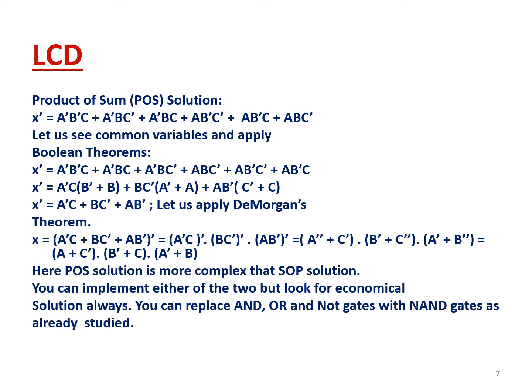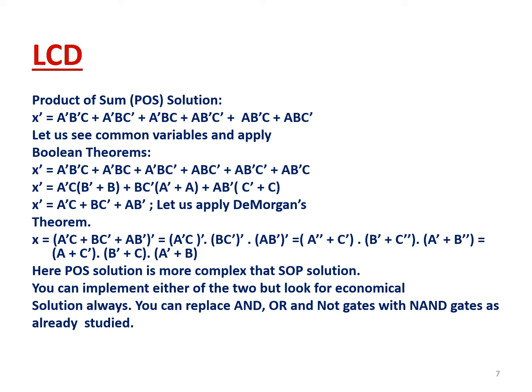As I said, until such time that we study K-map or the Quine-McCluskey method, we have to use our intuition like in normal algebra to minimize this, so that we can bring it into some form where a Boolean theorem can be applied.